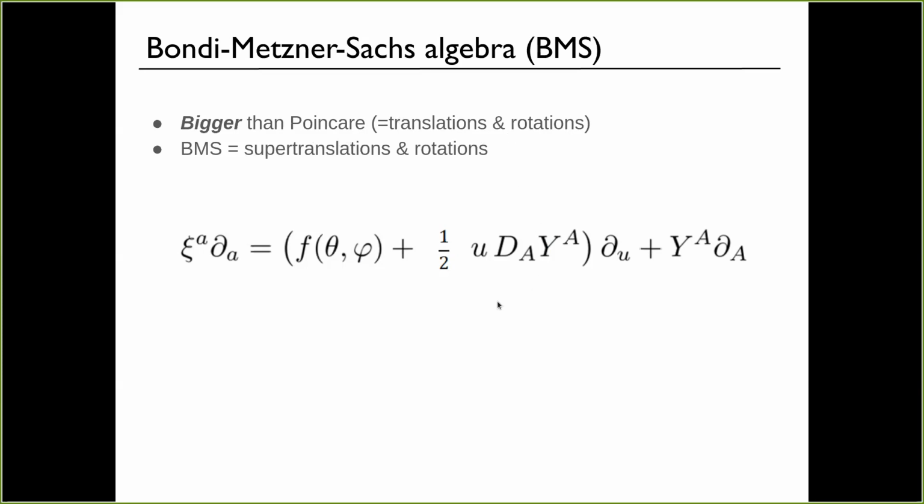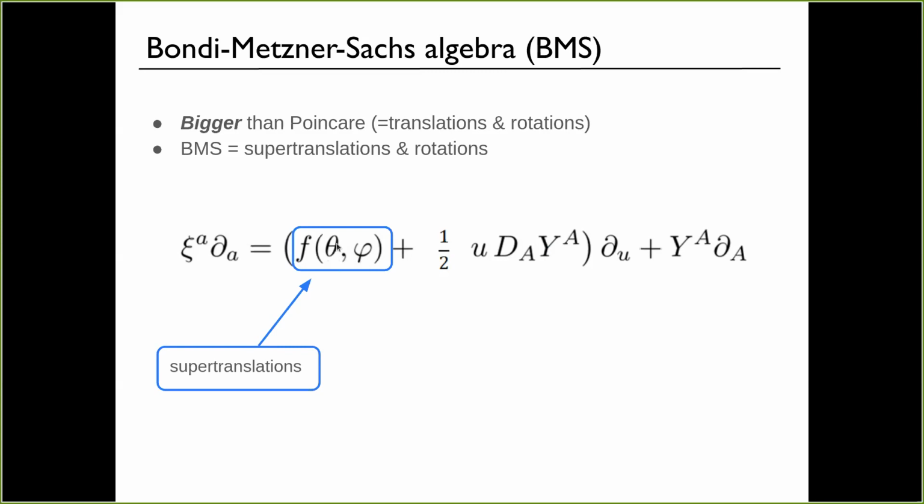So what are those supertranslations? I know many of you are experts on that, but for those that are not, you can essentially think of supertranslations as angle-dependent translations. If this were a translation, this would be specifically a linear combination of spherical harmonics with L equals 0 and 1.